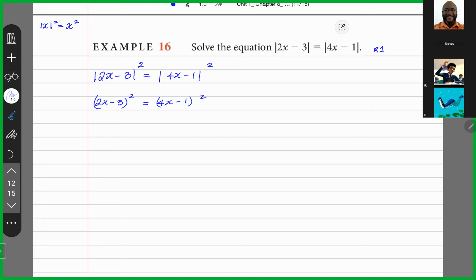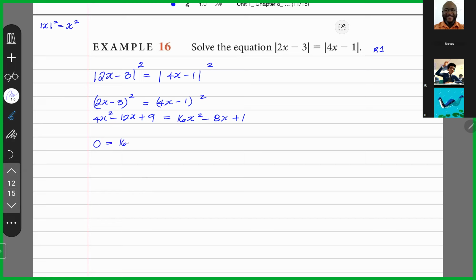Squaring both sides, I get 4x squared minus 12x plus 9 is equal to 16x squared minus 8x plus 1. Let's get all the x's to one side and make one side 0.